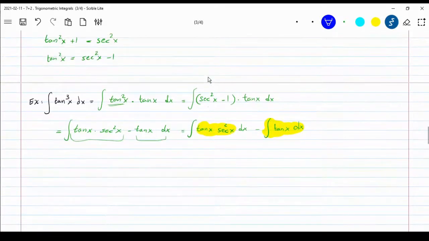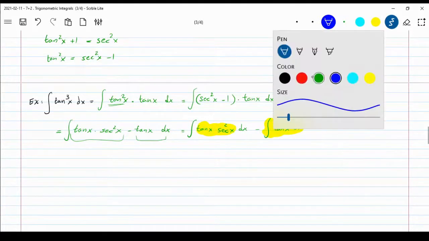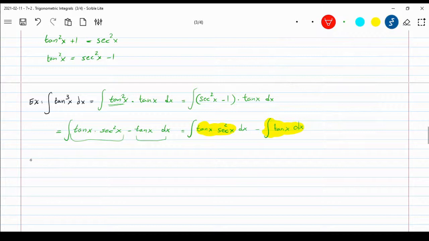Okay, so let's first calculate the integral of tangent x secant squared x dx. The substitution that I'm going to pick, since I know the derivative of tangent is secant squared, is to let u be equal to tangent x.